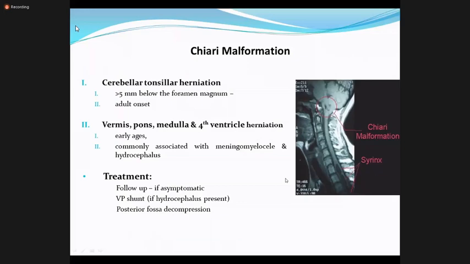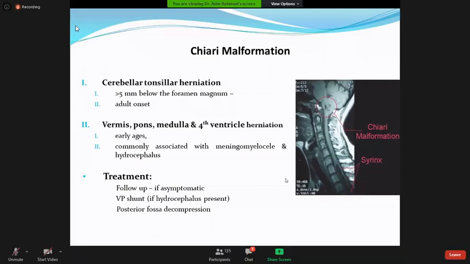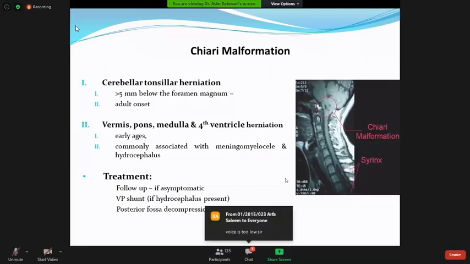Now we will discuss every anomaly separately. So first of all, Chiari malformation. Chiari malformation or Arnold-Chiari malformation is basically herniation of the cerebellar tonsils below the level of the foramen magnum within the spinal canal.